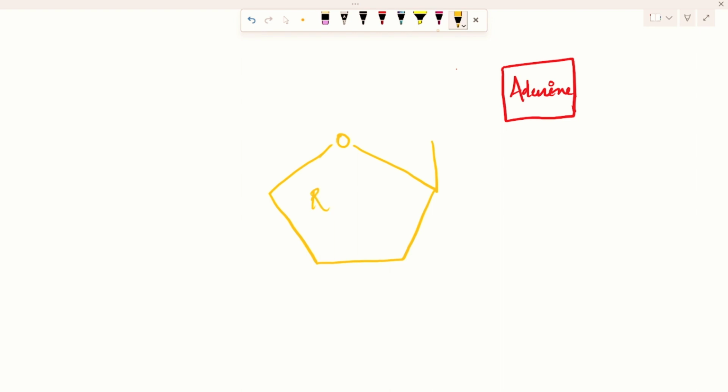This sugar is a ribose sugar. The sugar has 5 carbons. Here is the first carbon, there's the second carbon, a third carbon, a fourth carbon.